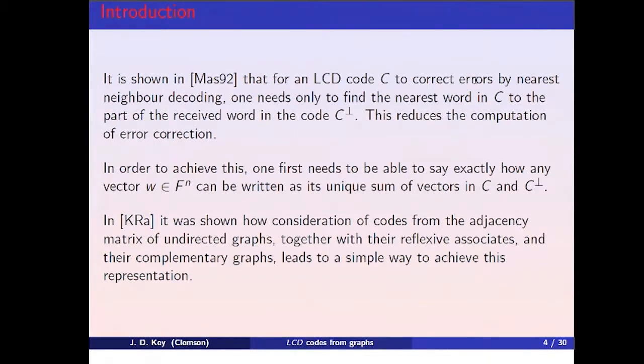And then, this is the tough bit, in fact it's not so easy, you need to find the nearest possible word in C to any word in C perp. For some cases, this works quite nicely, and I'll show you, but this is the tricky bit. So if you have a question about that, that's where the big question is. I'll show you how that works.